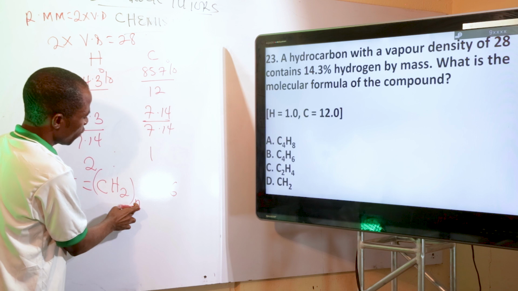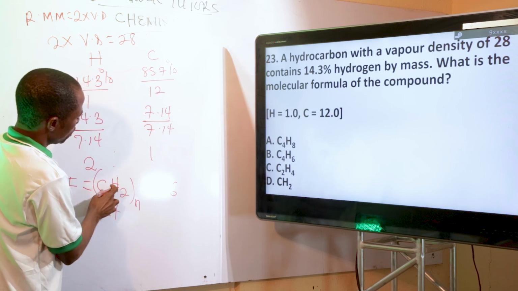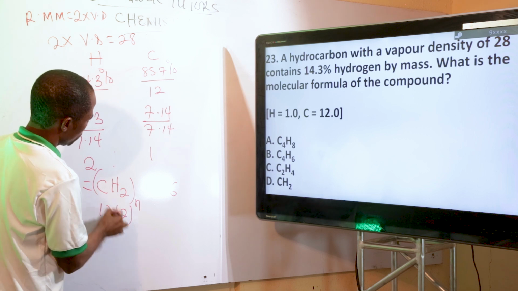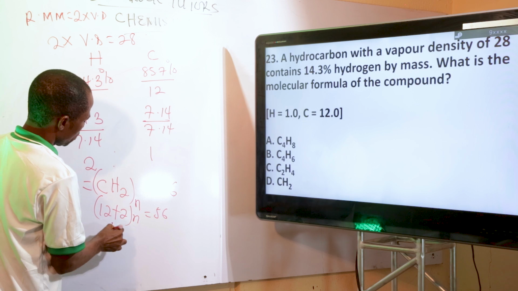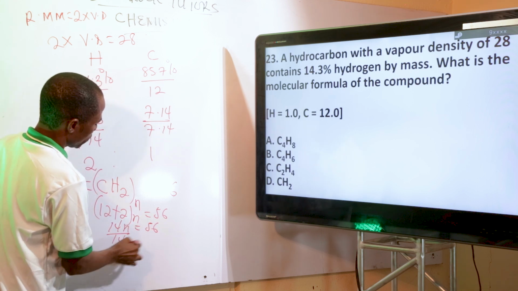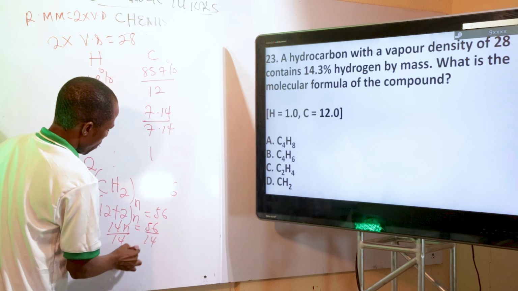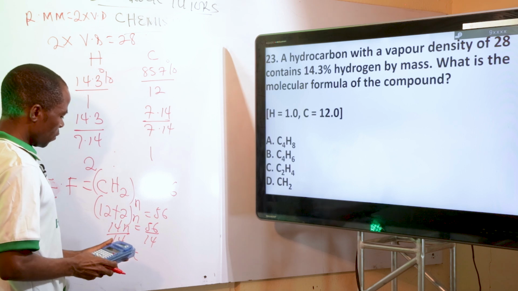We look for the value of N here. Carbon is 12 plus hydrogen is 1 times 2, that gives us 2. Then N is equal to 56. Then this gives us 14N is equal to 56. If we divide both sides by 14, then our N now will be 56 divided by 14.